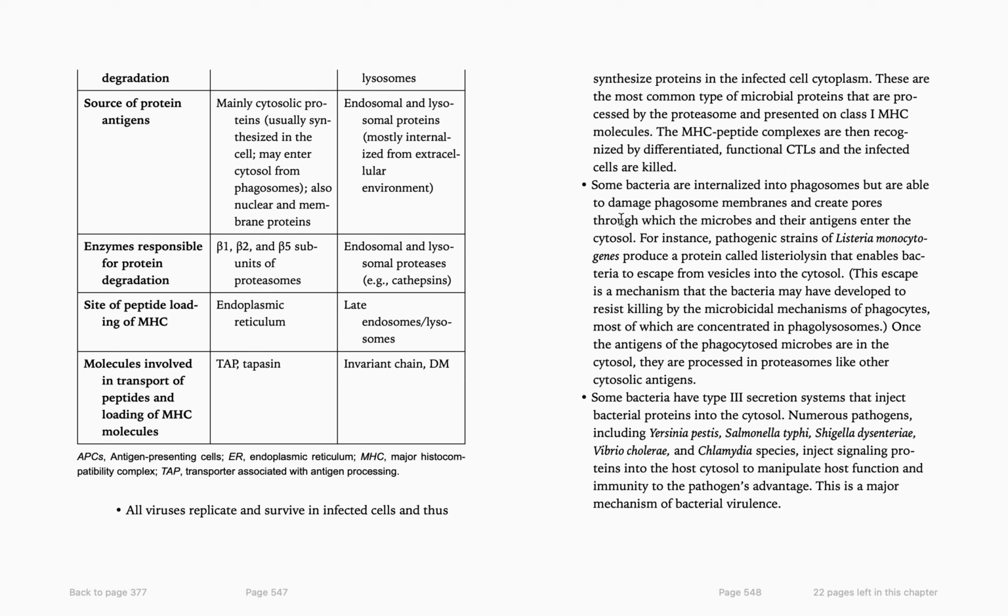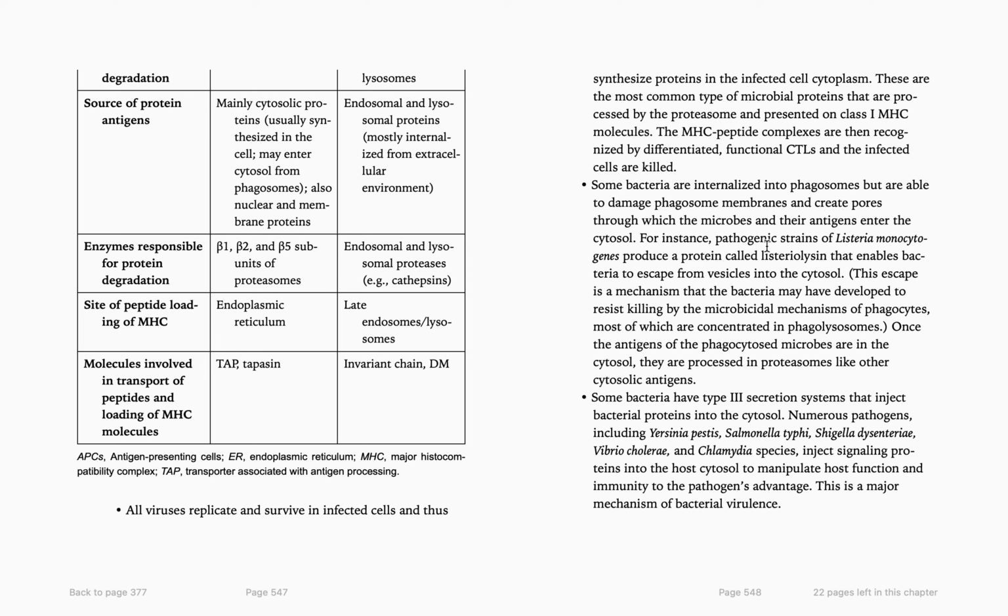So that's number one. Number two, some bacteria are internalized into phagosomes but are able to damage the phagosome membrane and create pores through which the microbes and their antigen enter the cytosol. Again, they have destroyed the phagosome, which is responsible for MHC class 2, and now they are in the cytosol.